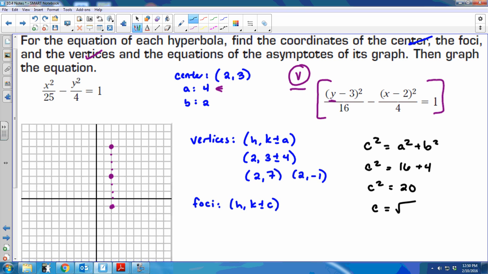So C is the square root of 20. You can rationalize that and simplify if you want to. You don't have to. You can leave the square root of 20, or you can write it as 2 square roots of 5. That's up to you. So we have 2, and then 3 plus or minus the square root of 20. Since we don't have to graph those, you can just leave it that way. Again, this is on the red formula sheet, so there's no reason for you to miss that.